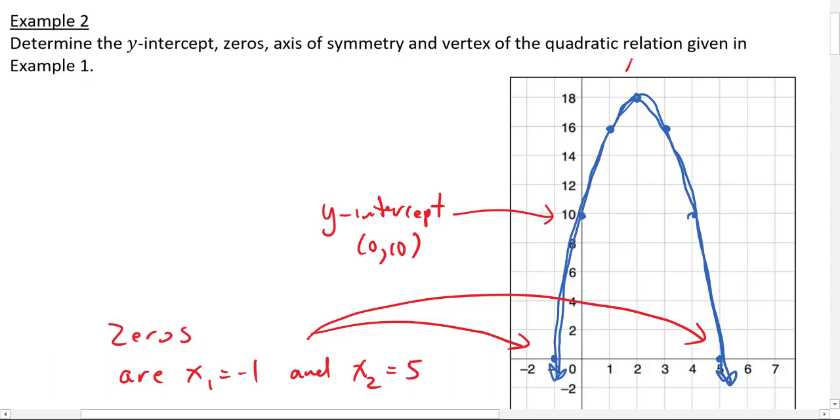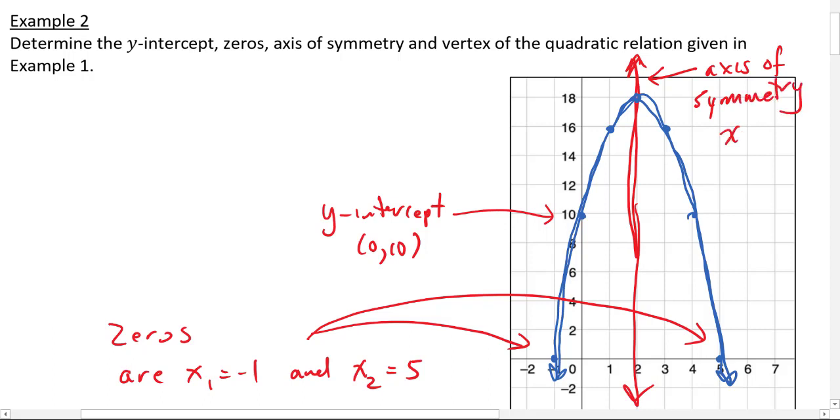The axis of symmetry is right there. And the axis of symmetry is x equals 2. And then we have the vertex, which is a combination of the axis of symmetry and the optimal value. So the vertex is, and we see that's at 2 and 18.